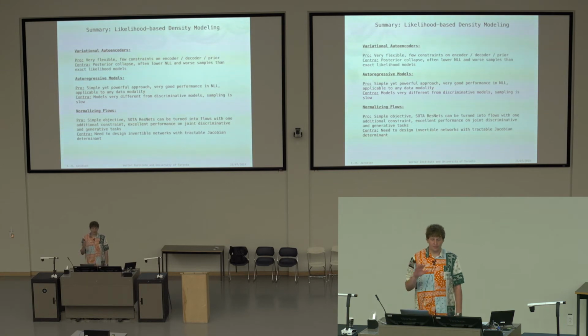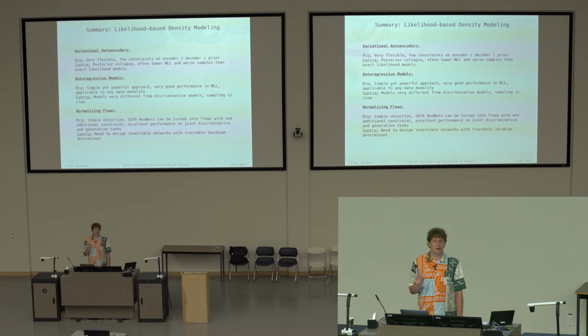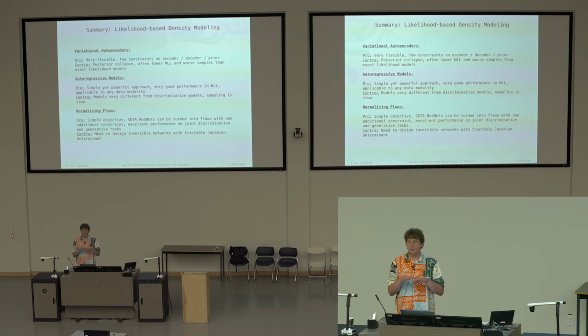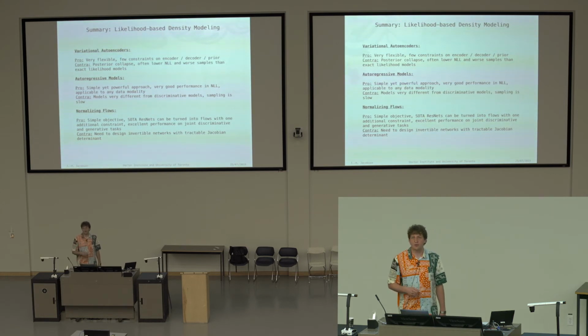So here are some pros and cons of these different models. The variational autoencoder clearly has a big pro, which is that it's very flexible. It has few constraints on the encoder, the decoder and the prior. However, a con is that you can observe something called posterior collapse. When you manage your Z representation to fully match the prior, then it essentially doesn't capture any information about your input anymore.